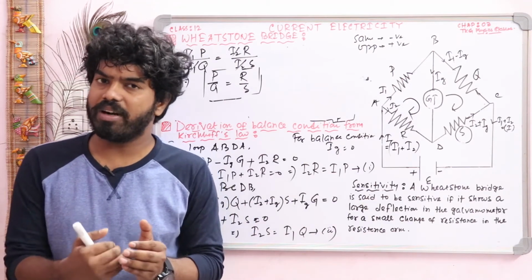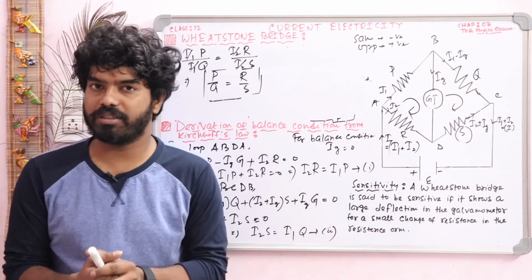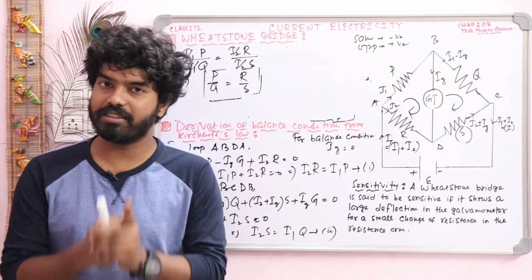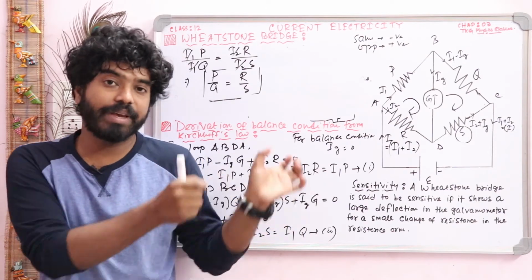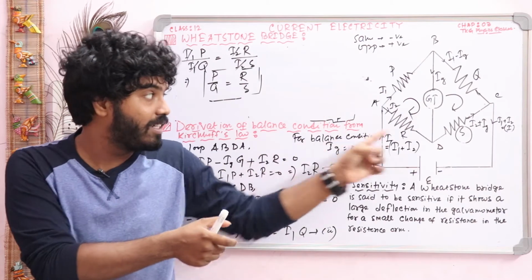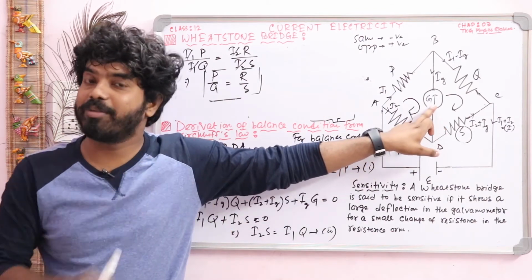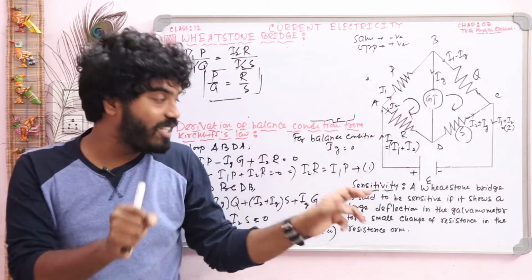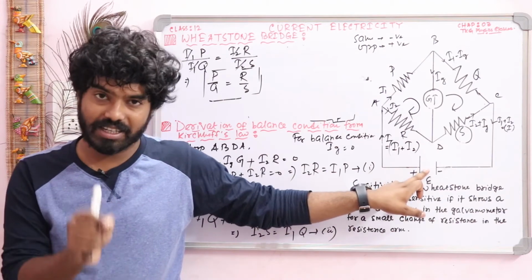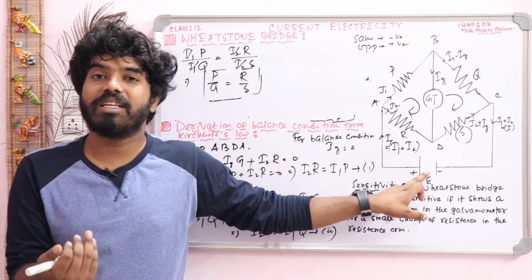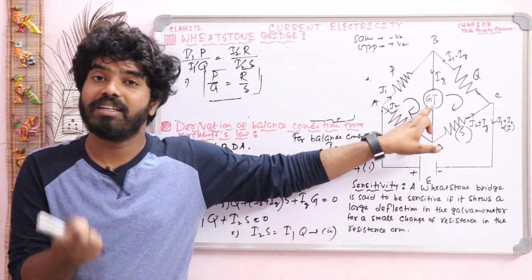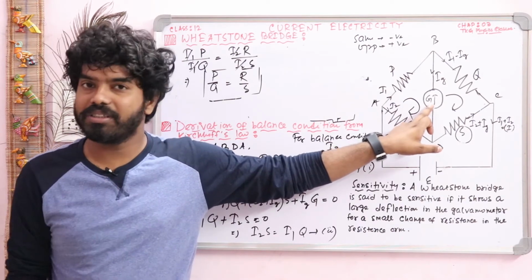Now what are the advantages of using this Wheatstone bridge? First advantage, that is null method. As this is based on the null method, that means there is no deflection of galvanometer, so the internal resistance of this cell, as well as the resistance of this galvanometer, doesn't affect this null method.